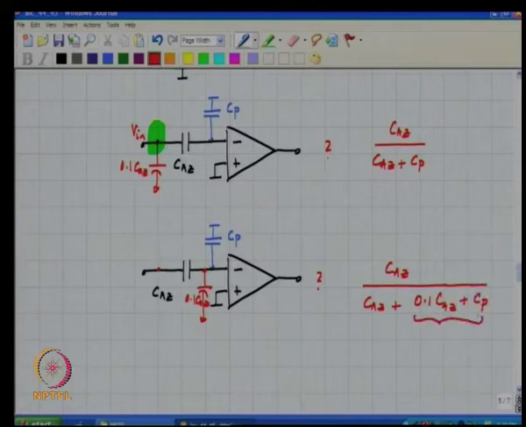Clearly this capacitance is larger, therefore it means that there is less attenuation here when compared to the case where you put the bottom plate to the right. Can you comment on the input capacitance looking in both cases?